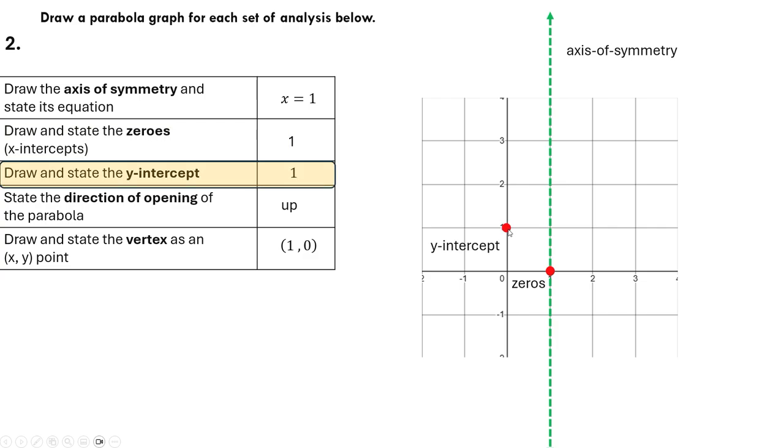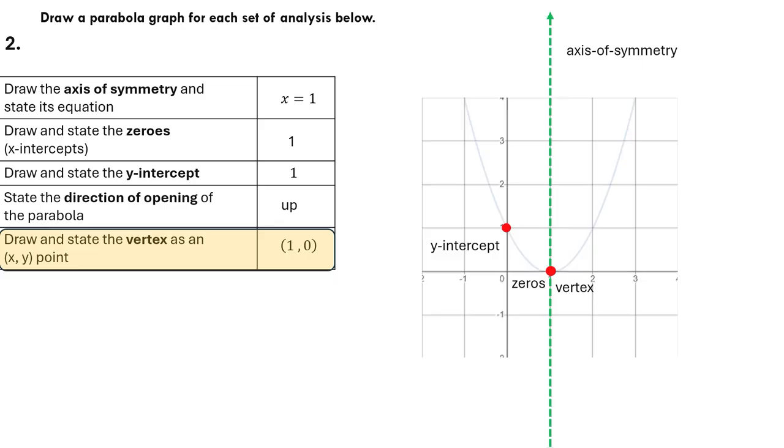So we can plot that point right here. We're told that it faces upwards. And we're told that our vertex is at 1, 0. So now we have enough information to sketch in an approximation of what the graph would look like. And it will look like this.